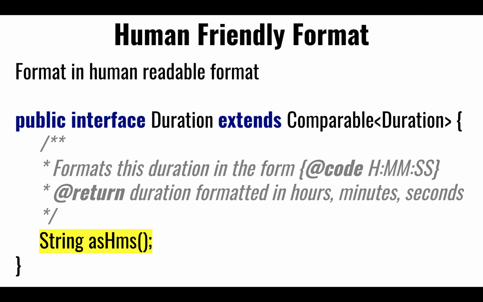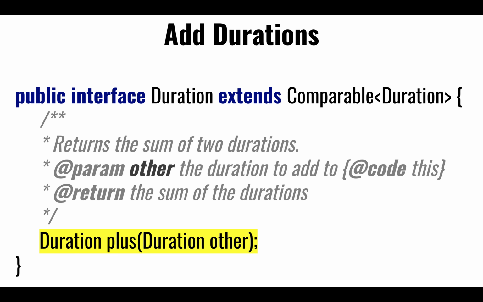So we're going to declare a function here that allows us to convert whatever the implementation is into some human readable format. Presumably we will convert it to this particular pattern of hours, minutes, and seconds.